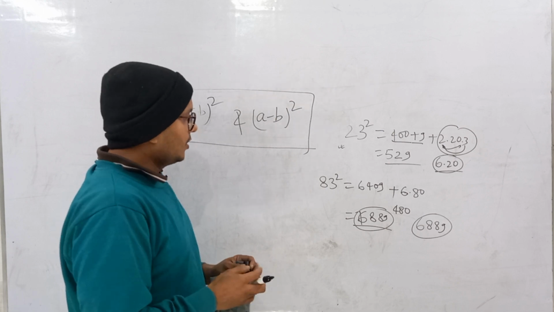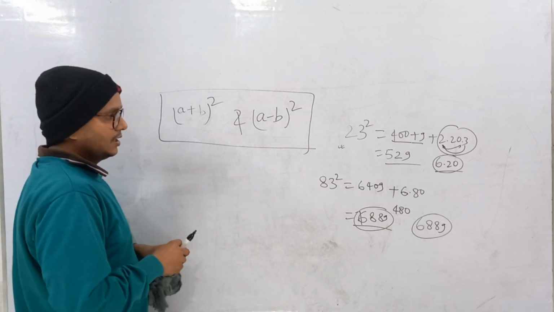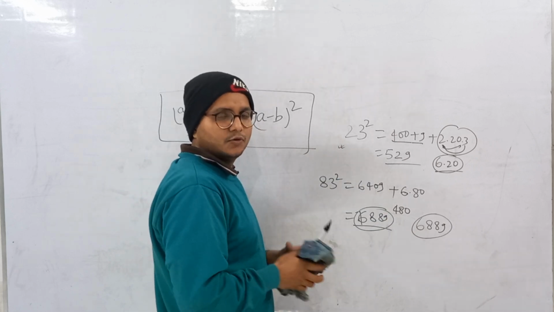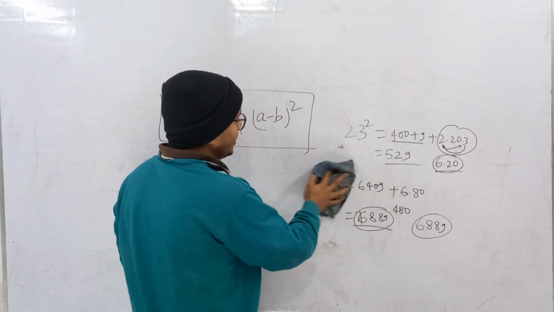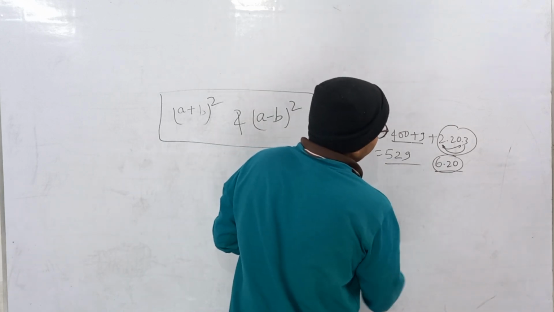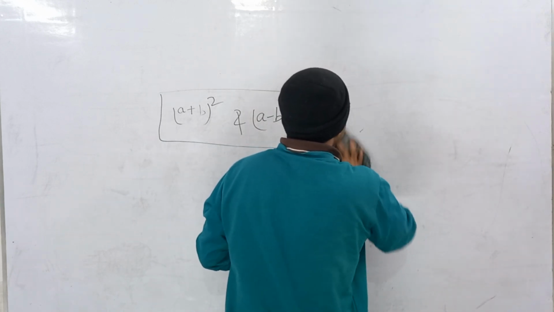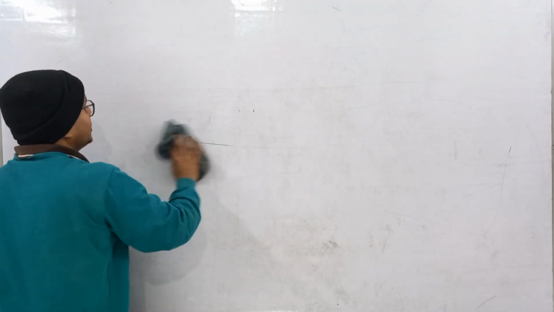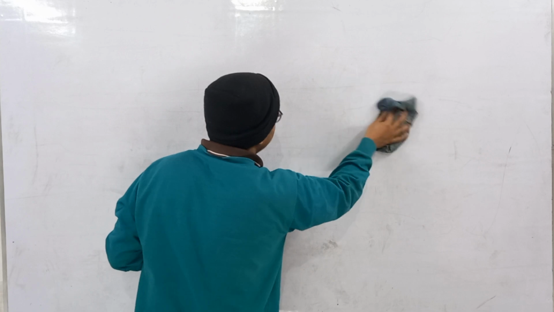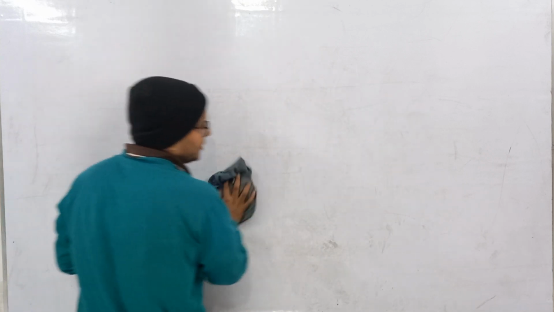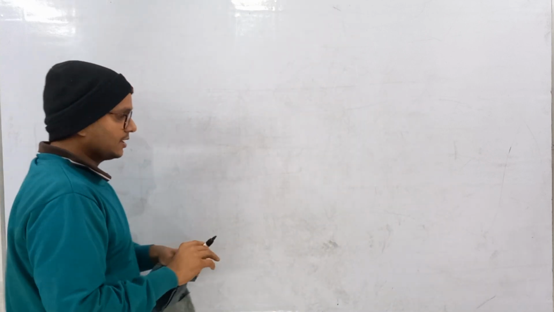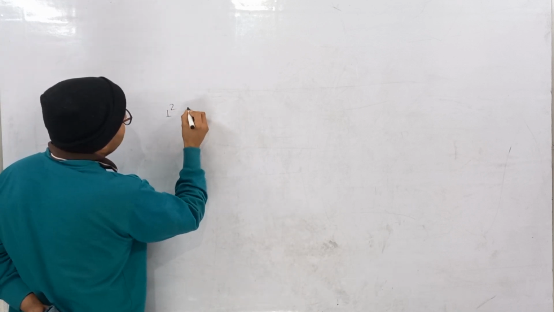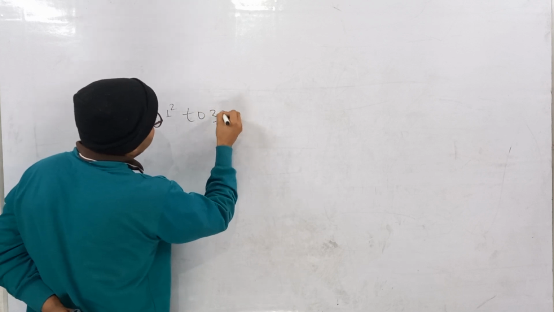Once you have adopted this method, you become fluent in using it. Then, suppose you have remembered the squares up to 30 easily, from 1 square to 30 square.